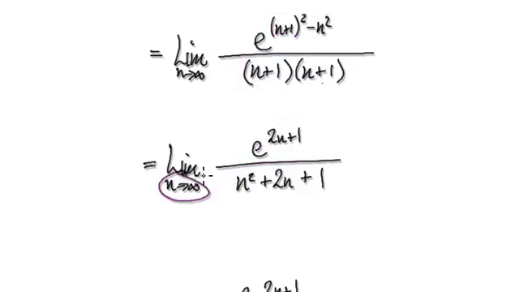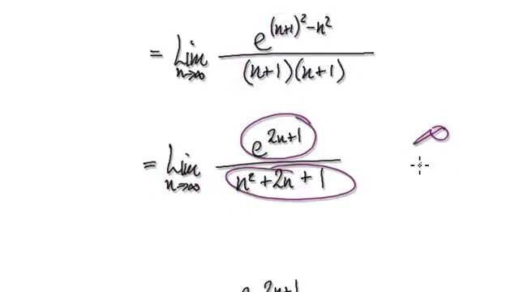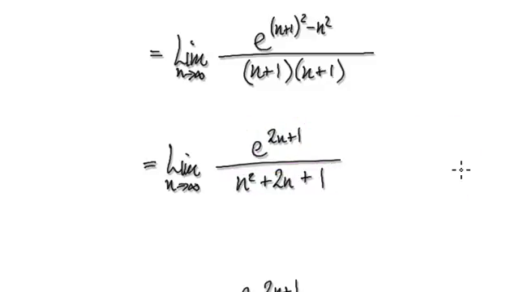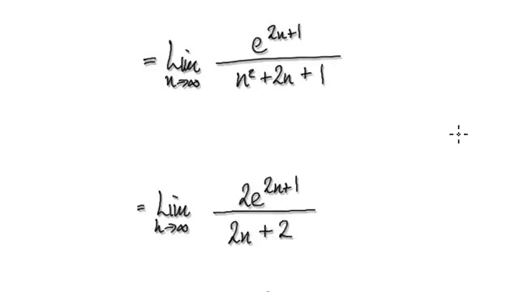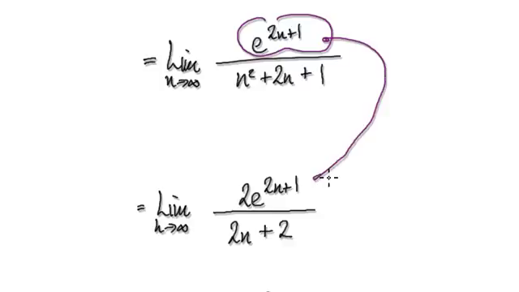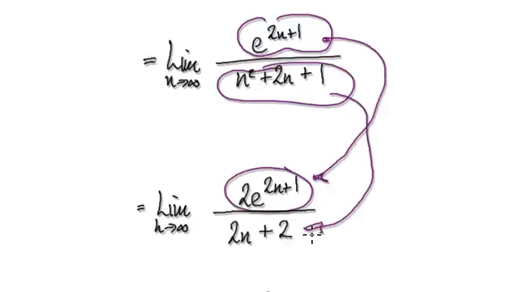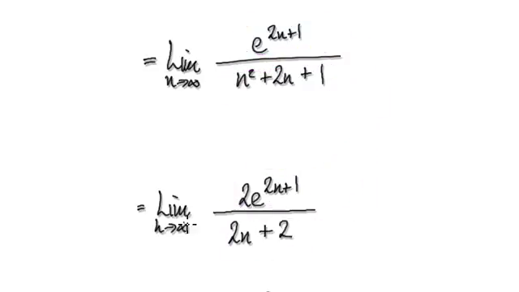As n heads towards infinity, this thing here will head towards infinity, and this thing here will head towards infinity.